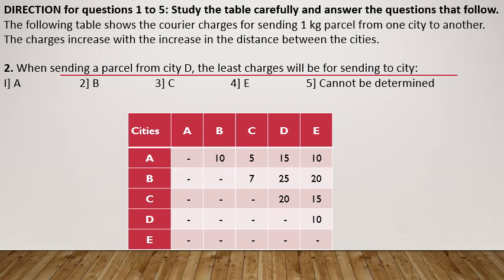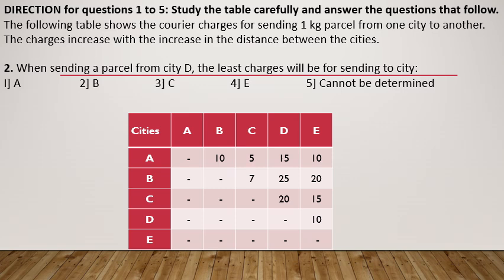Let us check D to A. Sorry, D to A we have 15, D to B we have 25, D to C we have 20, and D to E, if we check, this is 10.